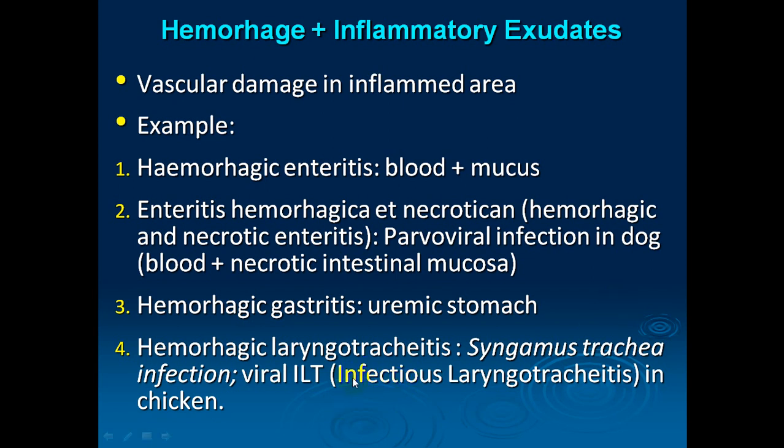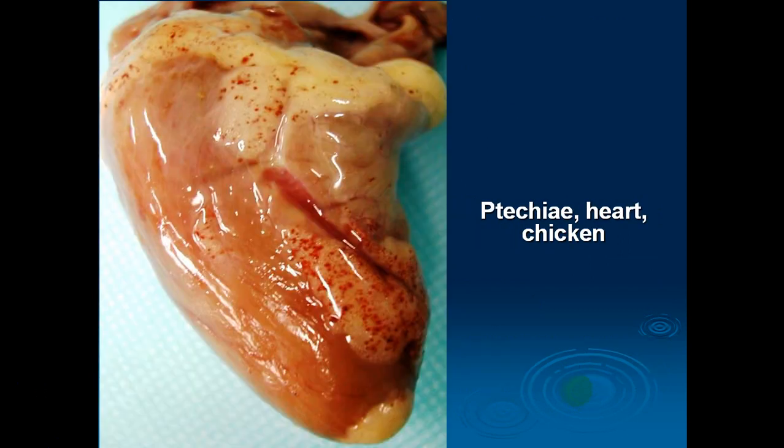And then there are also hemorrhages due to infections, for example, infection of nematodes, Syngamus trachea, that cause massive erosions in the respiratory tract, in particular in the trachea, or hemorrhages due to inflammations because of viral infection, for example, ILT, infectious laryngotracheitis in the trachea of chickens. It causes really massive hemorrhages.